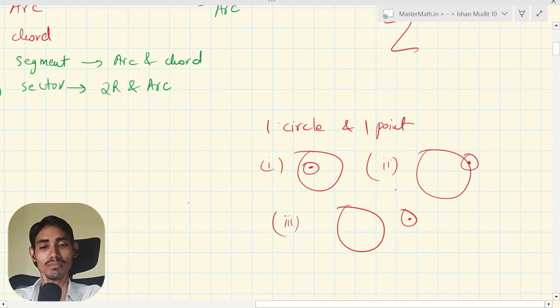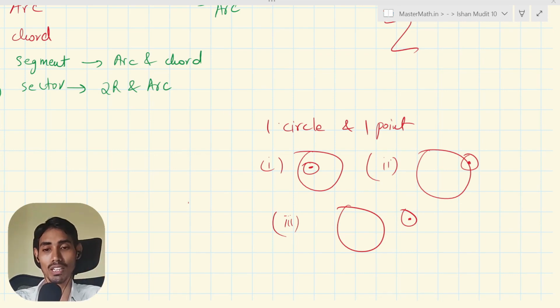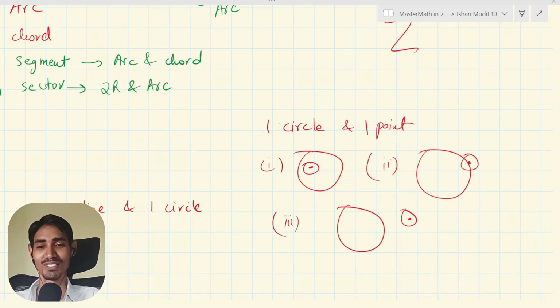So now, what possibilities could we have for 1 line and a circle? 1 line, 1 circle. It's like fifth, sixth grade topics going on. 1 point, 1 circle.